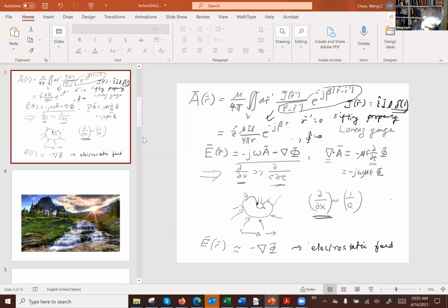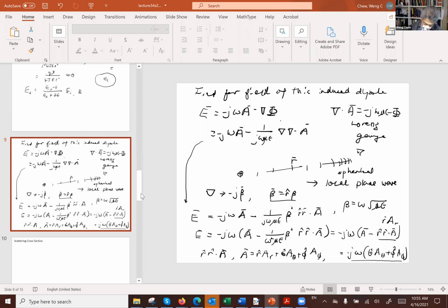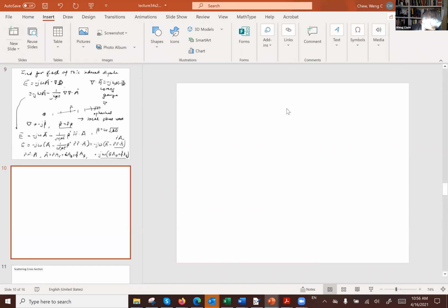So if you were to go back to this slide again and express the far field, then the far field E would be equal to minus j omega theta hat A theta. A phi would be 0 since A is pointing in the z direction only, as we see in our earlier derivation.